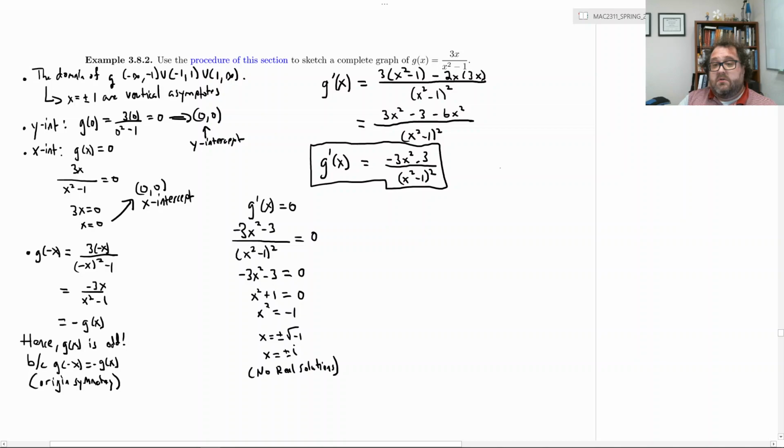So basically, we're still going to make our chart, except there's no critical values on it. It's just those asymptotes, -1 and +1. Okay? So let's see what we can come up with over here.